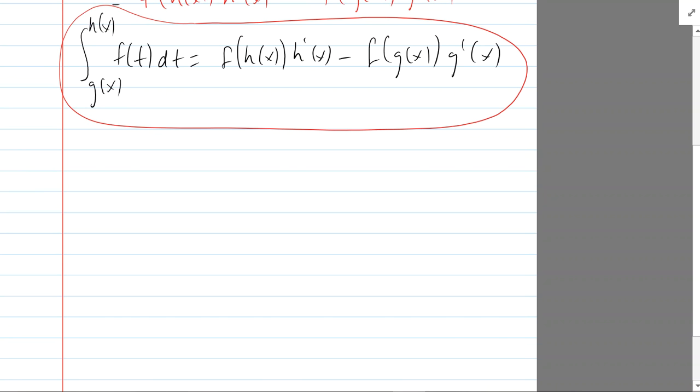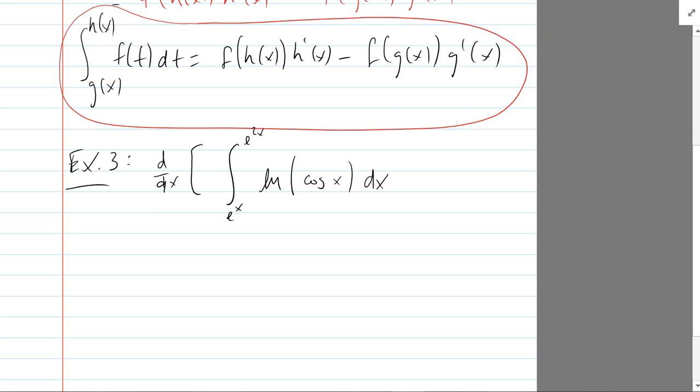Okay, let's see if y'all can do one. Here's my last example, example 3, and then y'all are going to work. I'm going to work, you're going to work. Example 3 is the derivative with respect to x of the integral from e to the x to e to the 2x of ln of x dx. Hmm, I want ln of x.